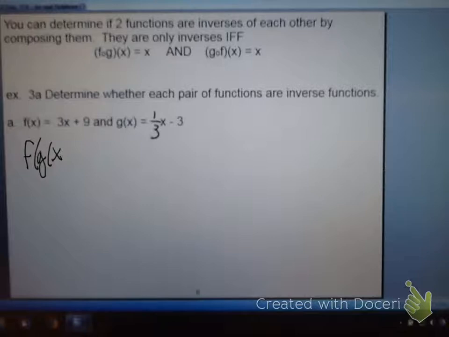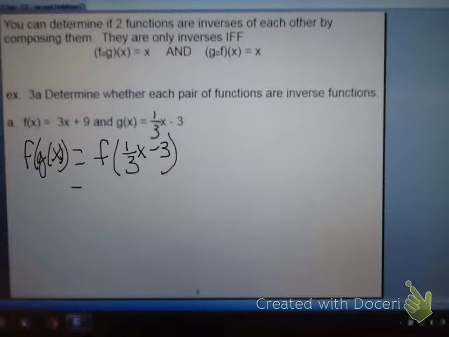To determine whether the functions are inverses or not, you have to calculate f of g of x and g of f of x. If both of them simplify down to x, then that means they are inverses of each other. So first I'm going to do f of g of x. So I get f of 1/3 x minus 3.